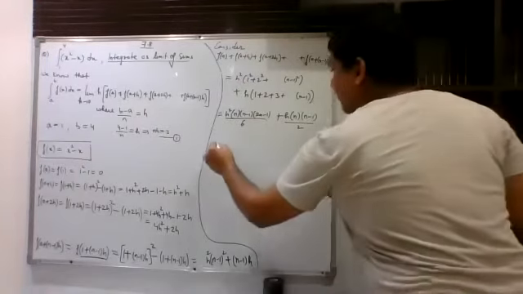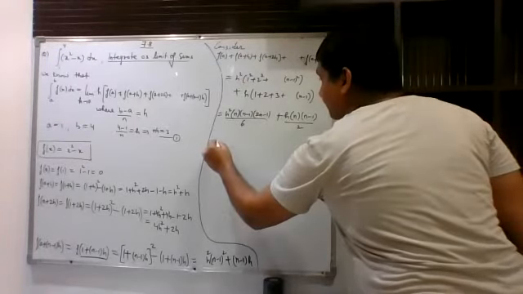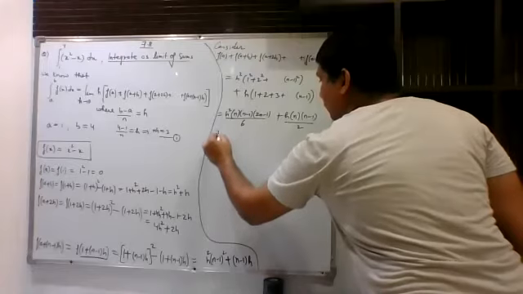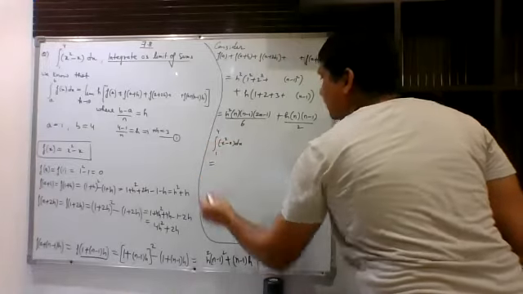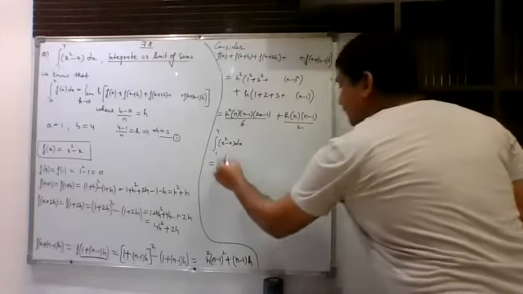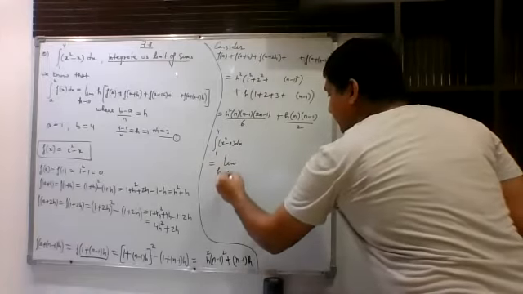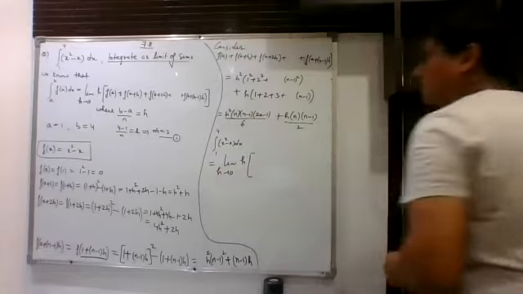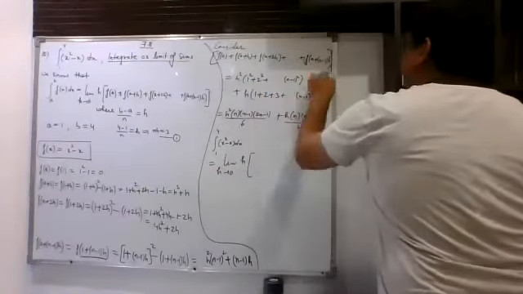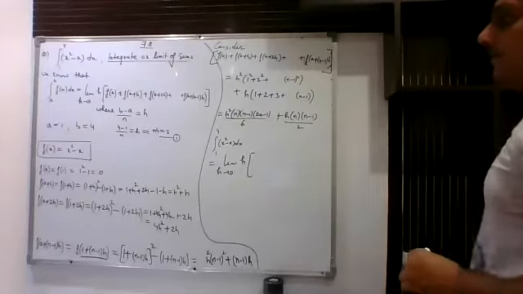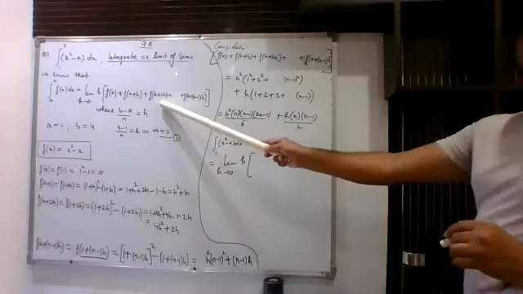So now finally you will write your integral 1 to 4 of x square minus x dx will be equal to limit of h tending to 0, h outside, and in place of the addition of all the iterations we substitute the values in this expression.